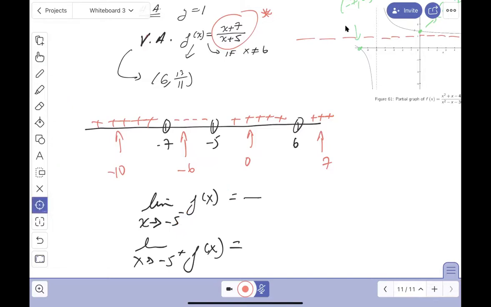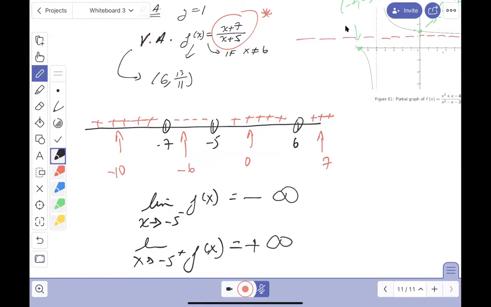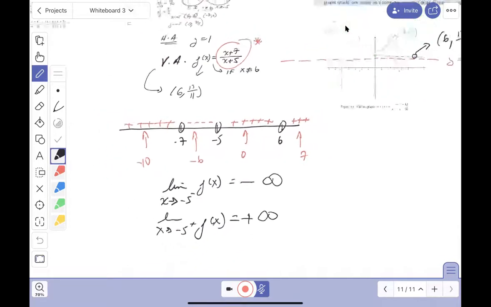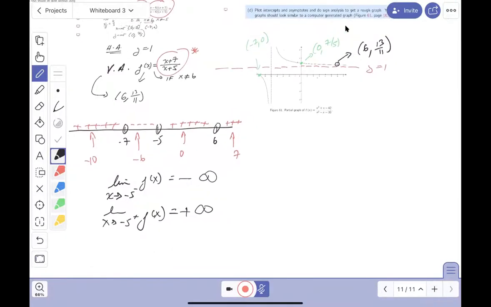Let's do the next one. -5 from the right, it's going to be positive. This is a blow-up problem. These are infinities. Okay, let's look at our picture and let's see if we see an asymptote, which I'm expecting. What am I expecting to see? An asymptote x equals -5.